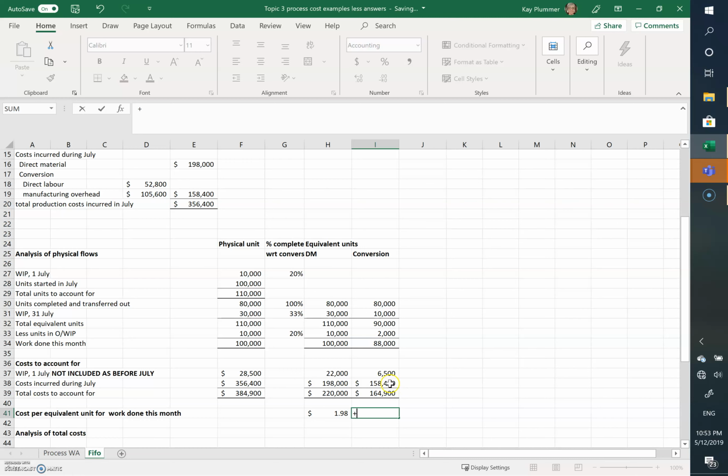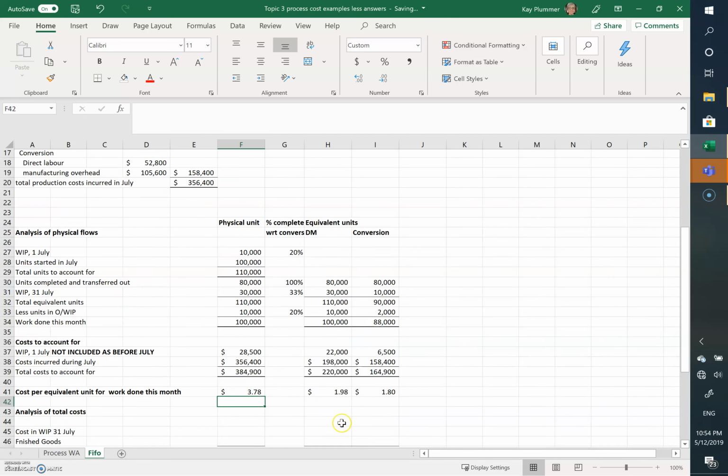And that's 158,400 divided by 88. So we add these two together, we get the equivalent unit cost for work done this month.